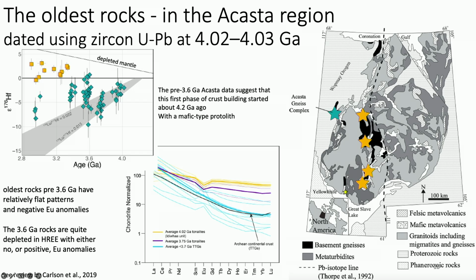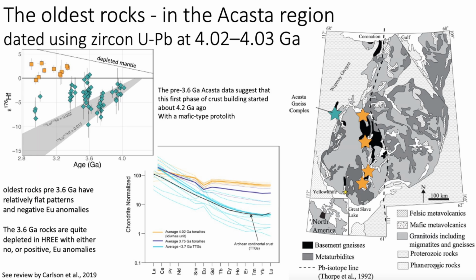Basically, what this graph tells us is that the oldest rocks have this kind of flat pattern and strong negative europium anomalies that are typical of the first Earth. And then when we go to younger rocks, the blue one, they have a flat pattern.